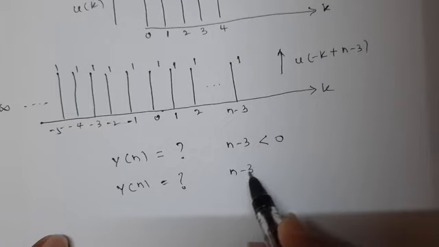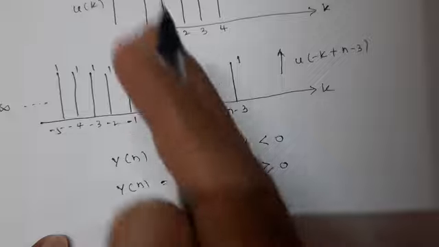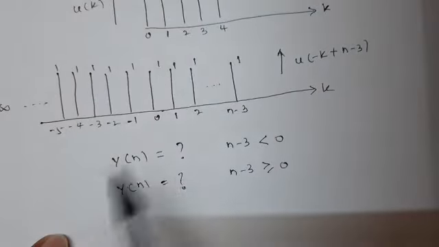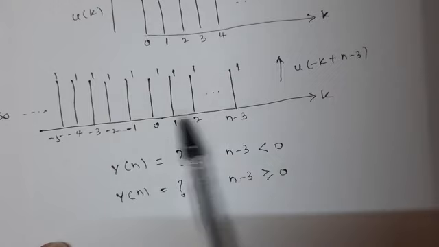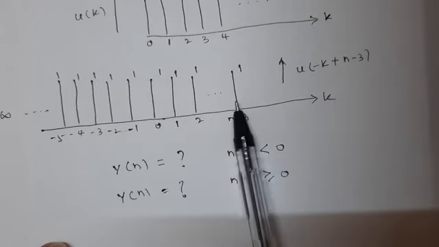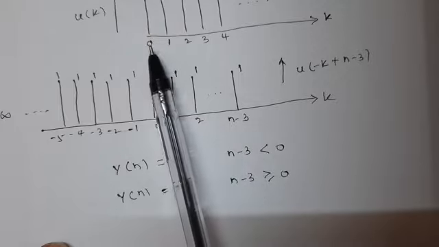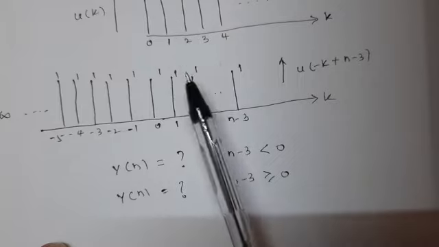And similarly, what is y of n when n minus 3 is greater than or equal to 0? It means n minus 3 is lying exactly at 0 or somewhere to the right, as I have drawn. So what are the samples that get multiplied?